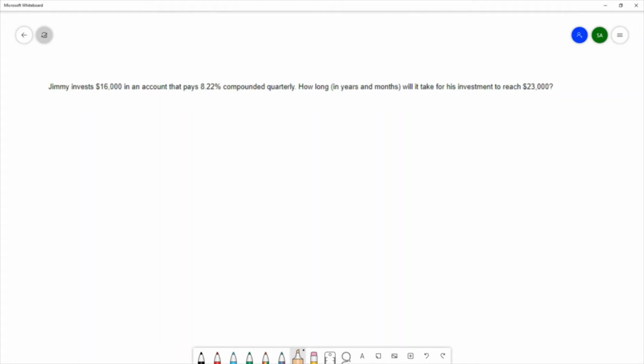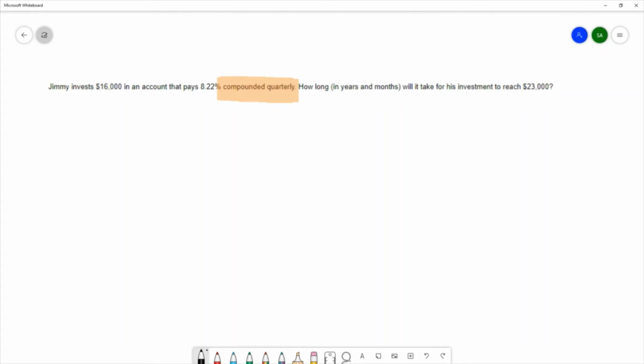I'm going to highlight a portion of the problem that helps us. Right here, the question says that the interest is compounded quarterly, and that's an indication of which of the compounding formulas we're going to use.